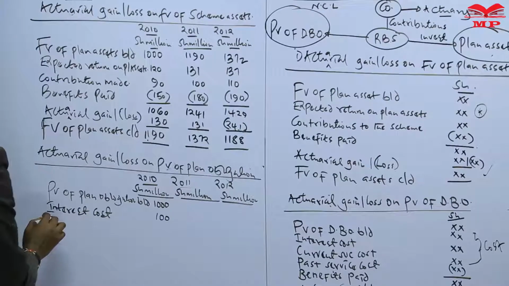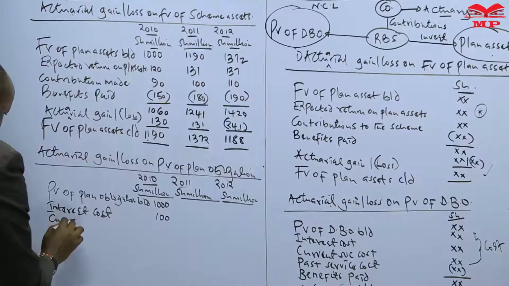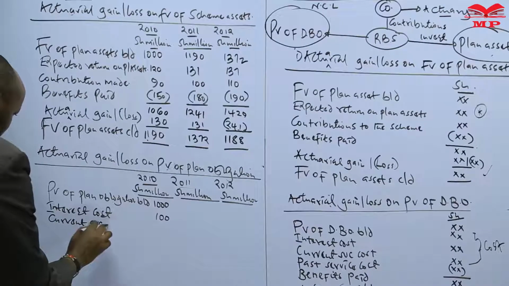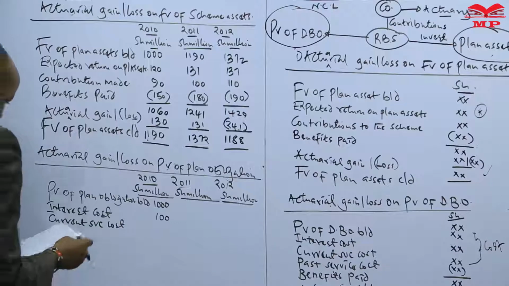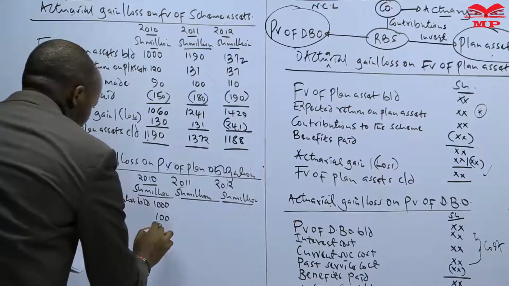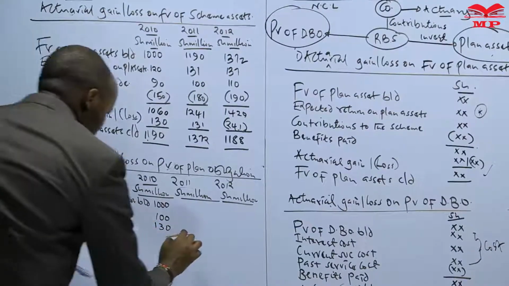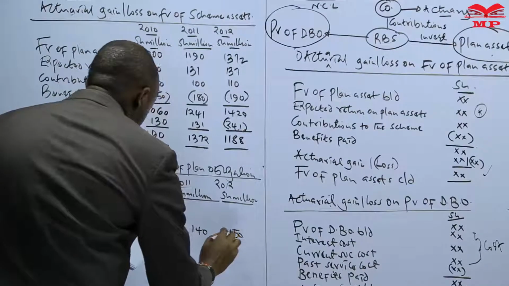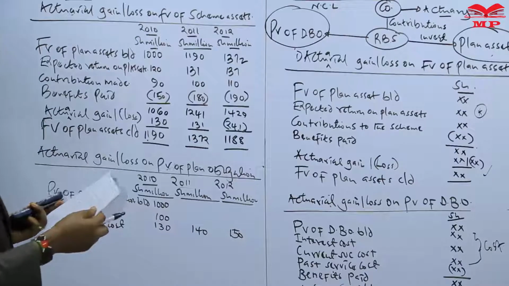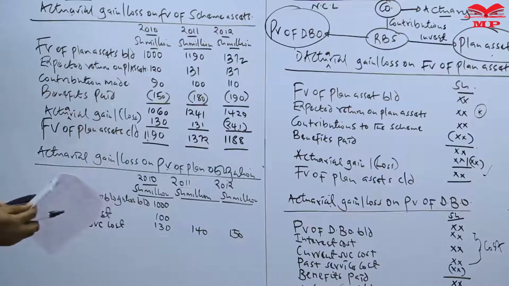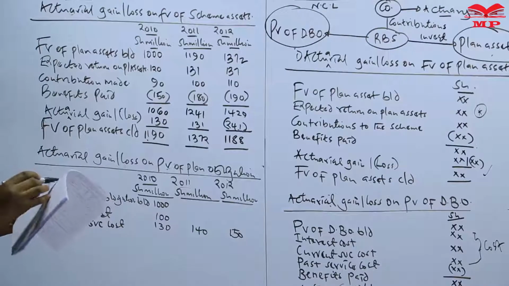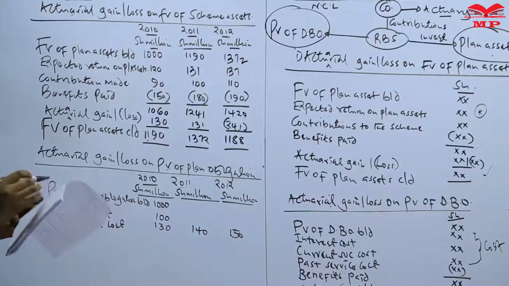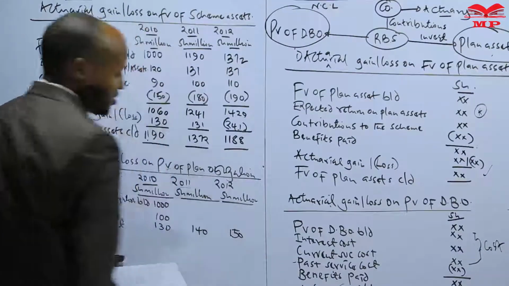Then to this we add 2 items. We add the current service cost. In our case, the current service cost, you're given that for 3 years, 130, 140, that will not change, and 150. And then to this we proceed and add the past service cost. Now if you check on that information which we have there, you'll see that we don't have the past service cost.